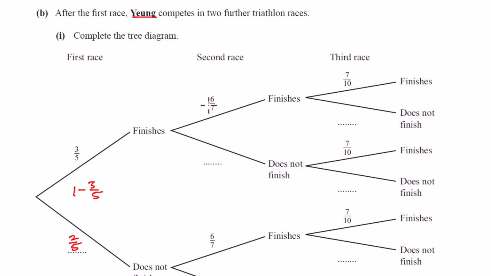The same thing for the second one, him not finishing will be 1 minus 6 over 7, which is 1 over 7. And him not finishing the third, 1 minus 7 over 10, is 3 over 10. Okay, so let me move on up.